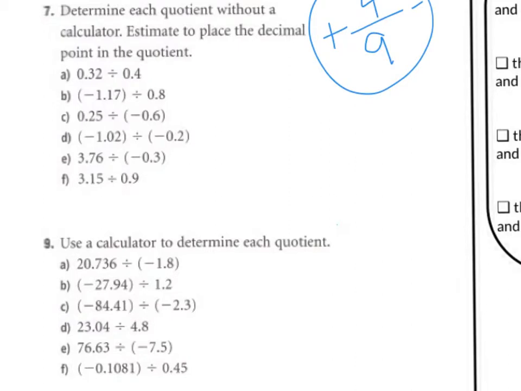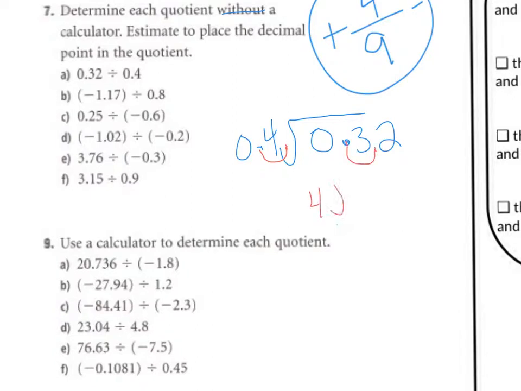So it's asking you to do this without a calculator. So again, when you're dividing decimals, right? If we don't have a calculator, the rule is we're going to move the decimal one place here. We'll move the decimal one place there, and then I would just rewrite this.